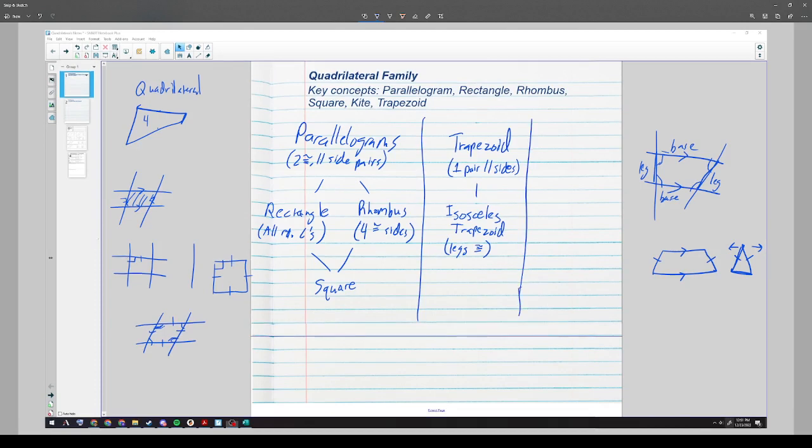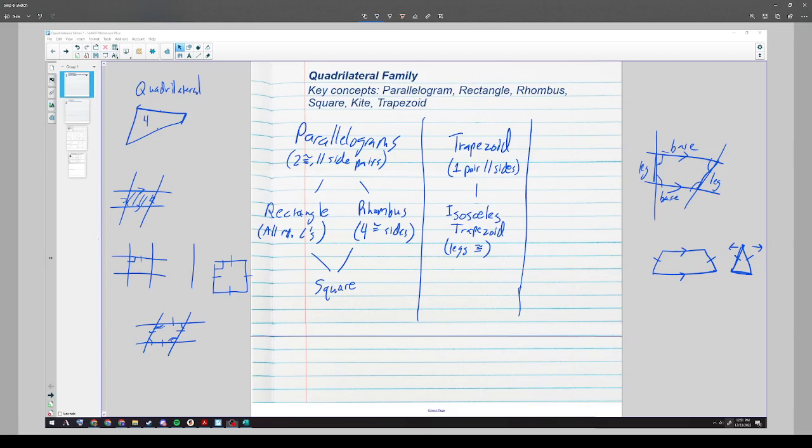quadrilaterals. And you may say, well, isn't a parallelogram a trapezoid? Because it does have one pair of parallel sides. But generally, and definitions do vary, but generally trapezoids are defined as having exactly one pair of parallel sides. So that differentiates them from parallelograms and says that parallelograms are a separate kind of thing.